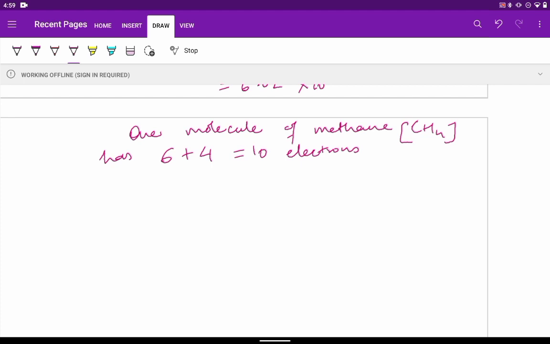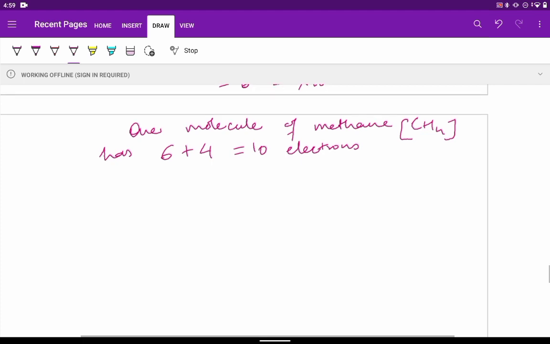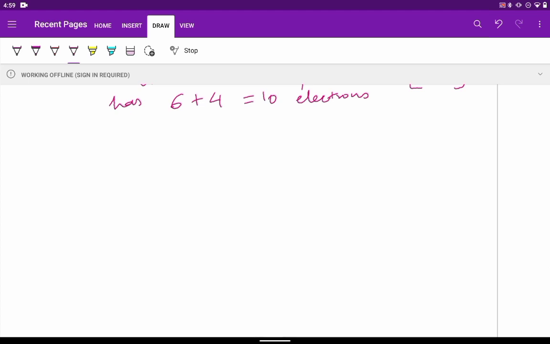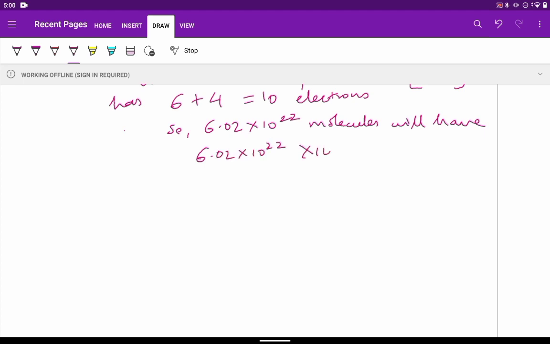So 6.02 into 10 to the power 22 molecules will have 6.02 into 10 to the power 22 into 10.